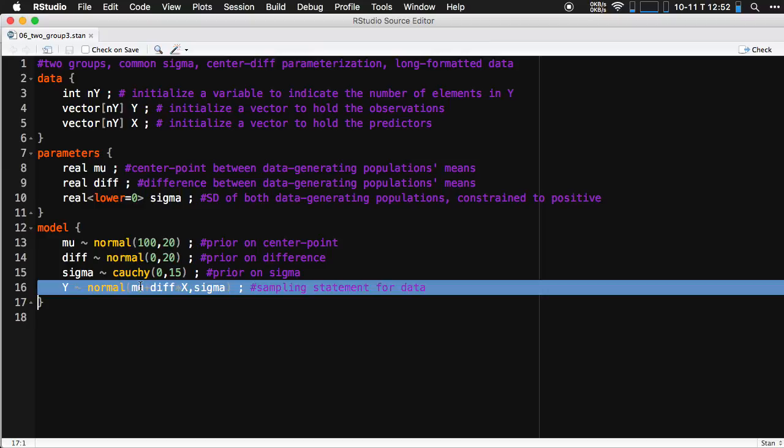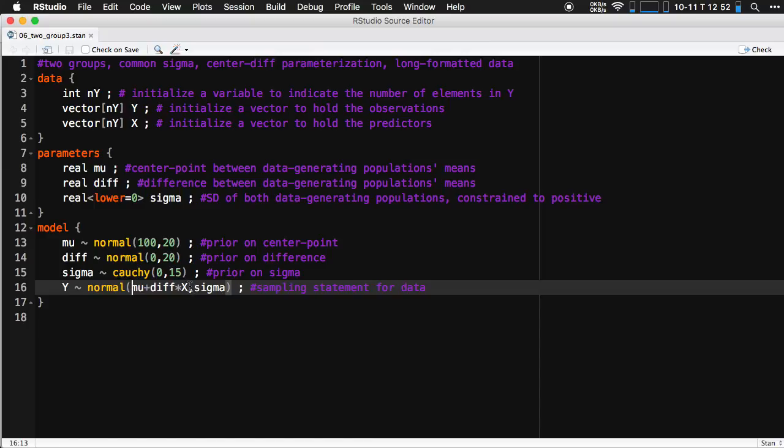So again, this is the exact same data scenario, exact same generative model for it. We've just been able to simplify it a bit by having the data coming in this specific structure, and now we can just say diff times x.